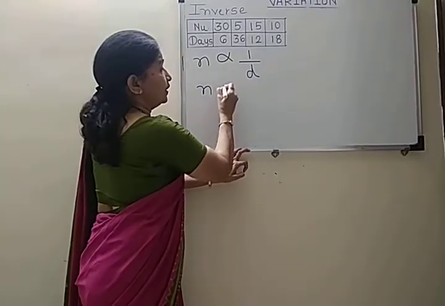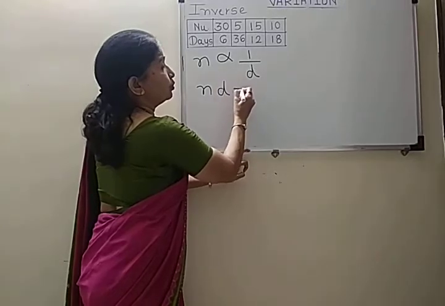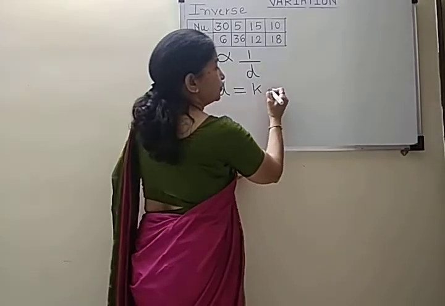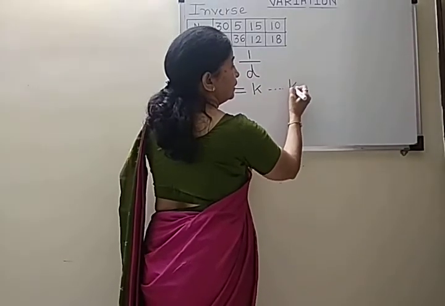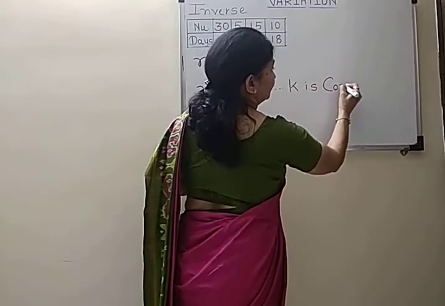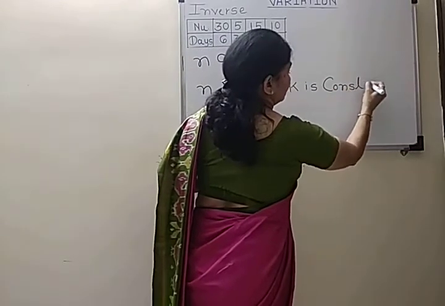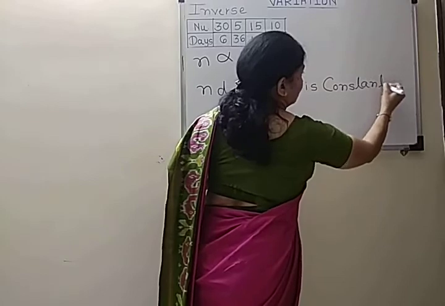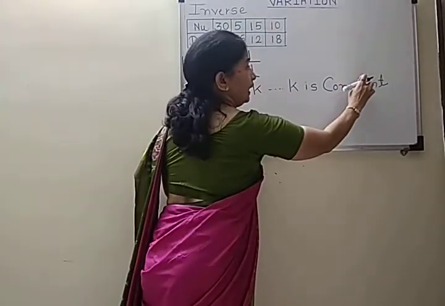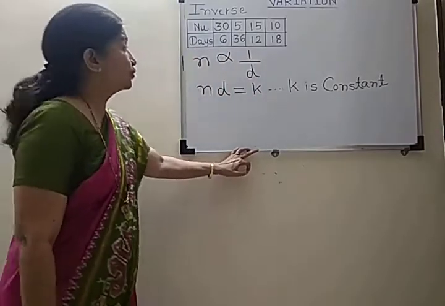So ND is equal to K, where this K is constant.